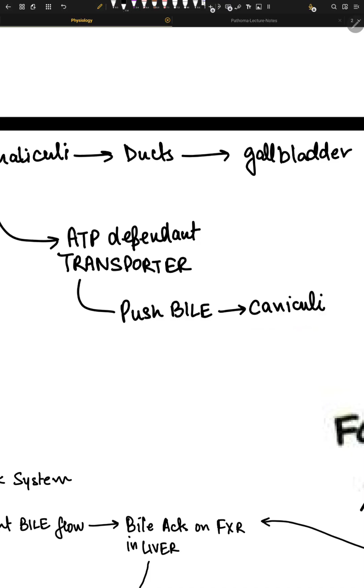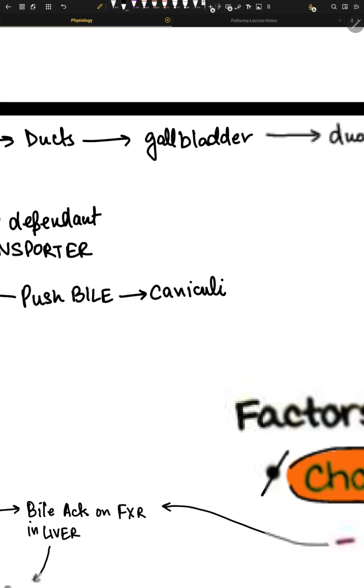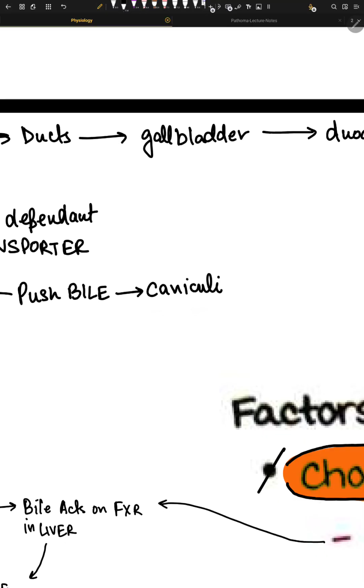Because of these transporters, the canalicular transporters, they actively push bile acids, they push bilirubin, they push phospholipids into the canaliculi, and then due to this osmotic gradient, water flows into the bile flow, and this is how the bile flow increases. So that's the concept.